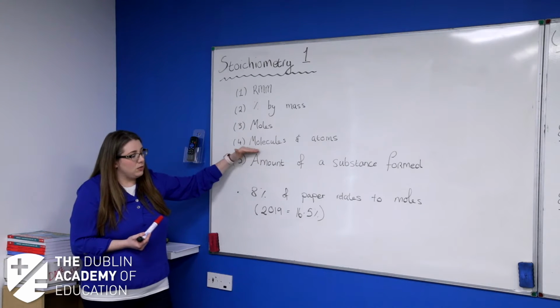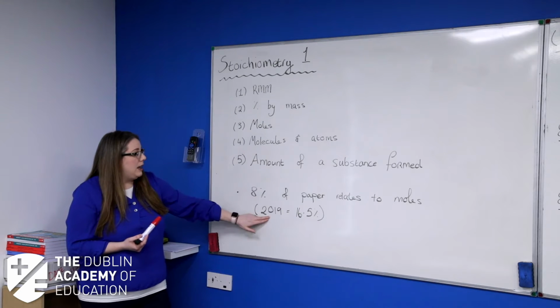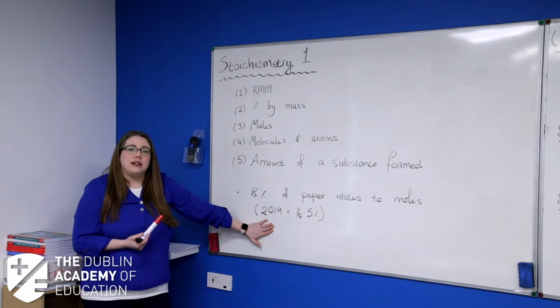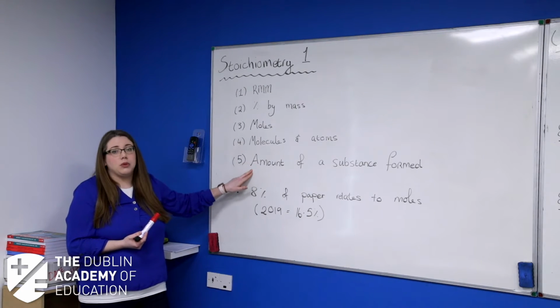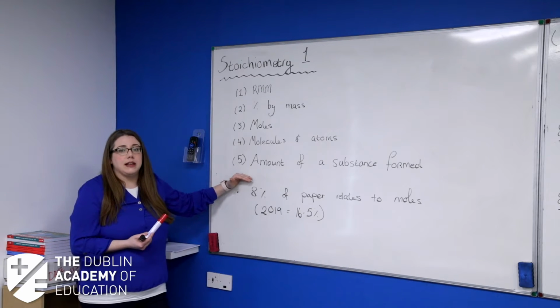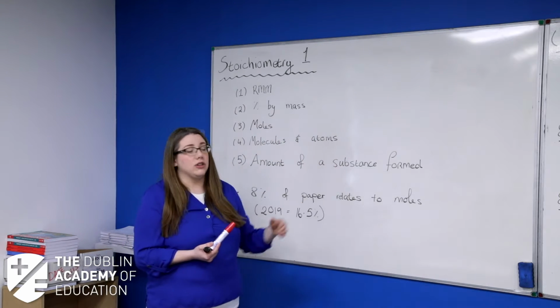But if this isn't done well, that 8% is not going to be yours in the exam. Now, in 2019, 16.5% of your paper is this. So it's very important that you can do this and that you don't even need to think about what you're doing in the exam. You can just sit down, hash the whole question out, and you're done.